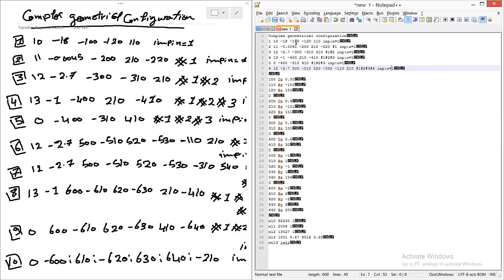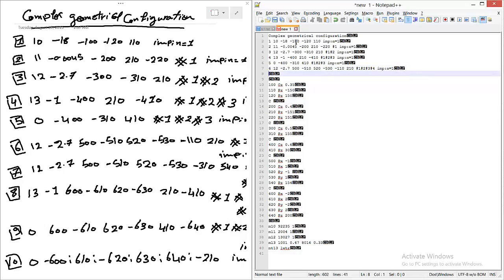Importance of neutron equals 1. Cell number 7, 12, 2.7, 500, negative 510, 520, negative 530, negative 310, positive 540, and excluding the cells 1, 2, 3, and 5.